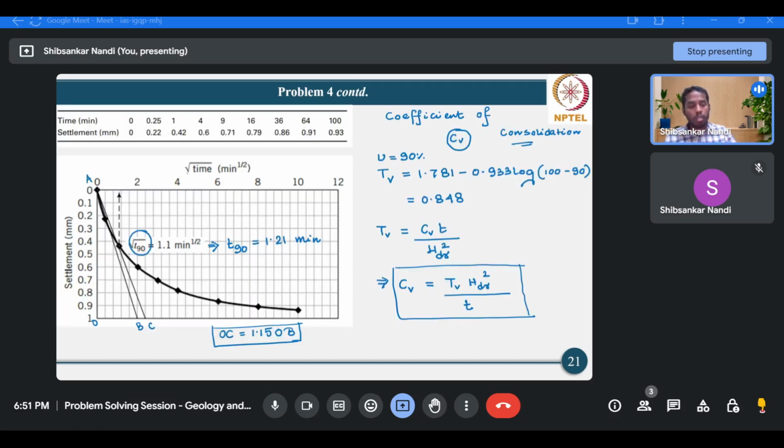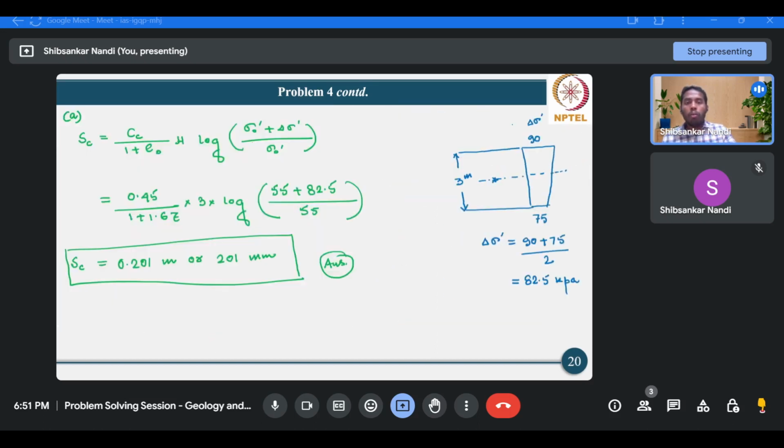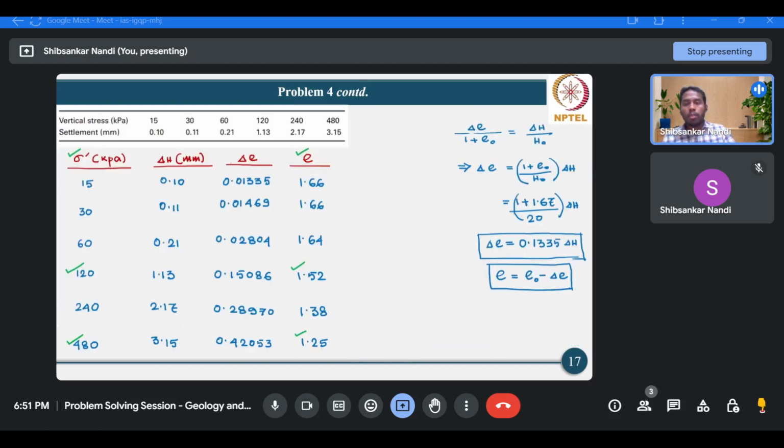So Hdr would be H by 2. Now what value of H should we consider, because this H is continuously decreasing? It would be the best practice if we consider an average value of the initial thickness and the final thickness.